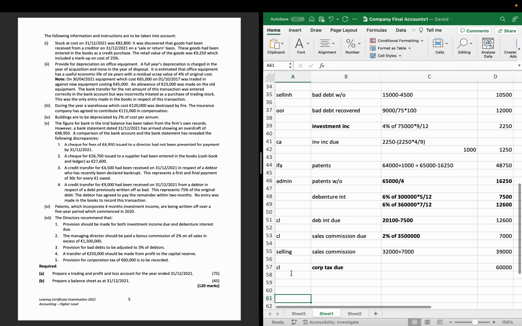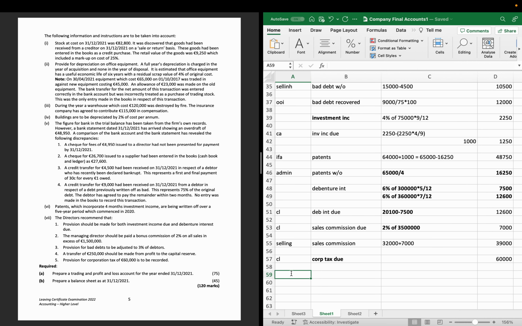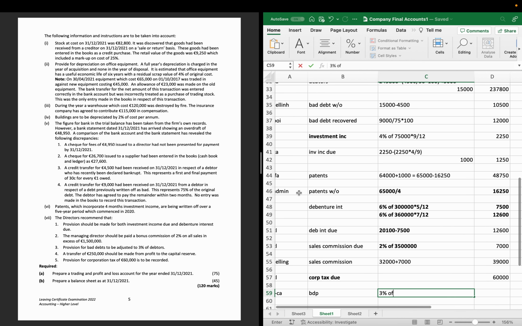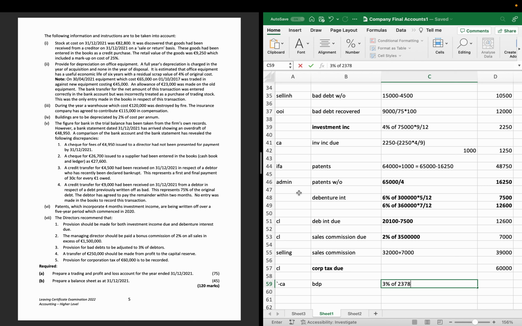So just to remember to do the provision for bad debts, which will go in as a current asset, as a minus. It tells us that it's 3% of debtors. So debtors is 237,800. So that's 7,134.